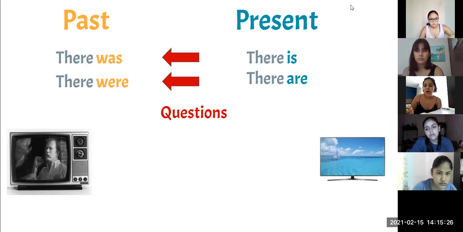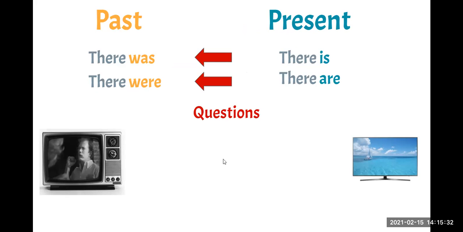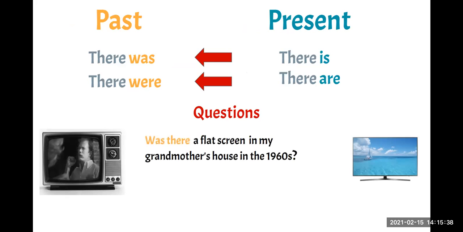Was there a black and white TV? Very good. Was there a black and white TV in your grandmother's house? Or we can say, was there a flat screen in my grandmother's house in the 1960s?